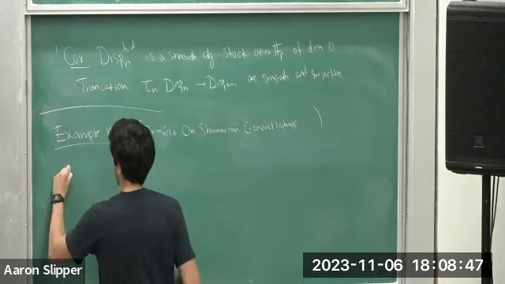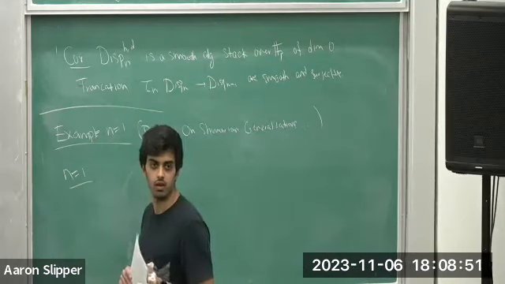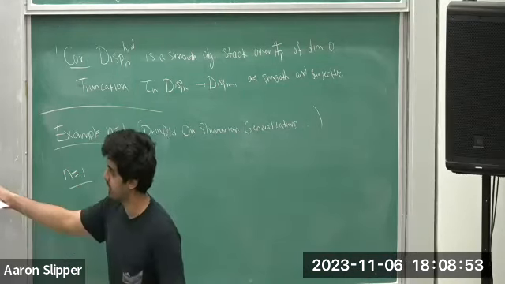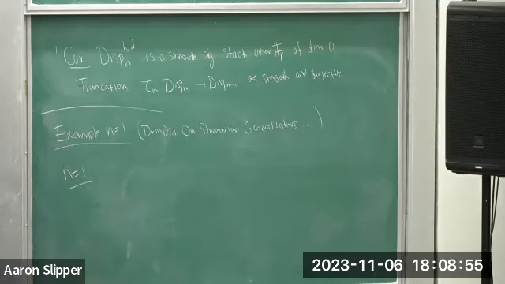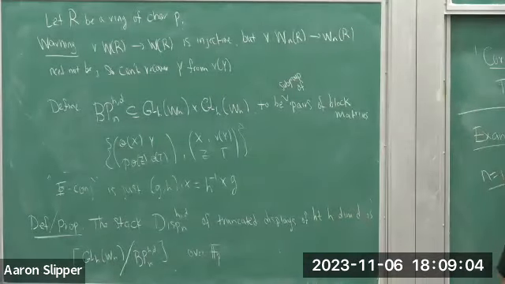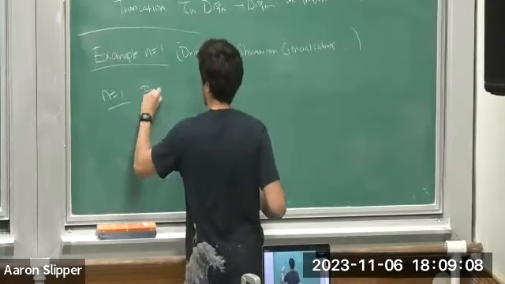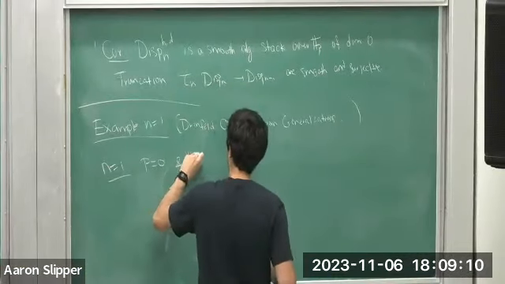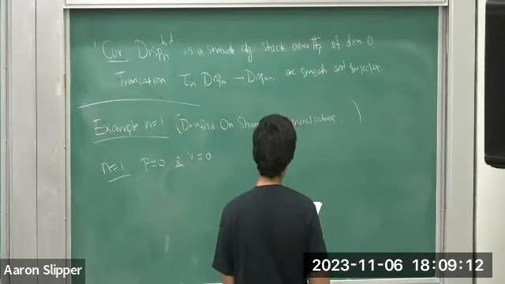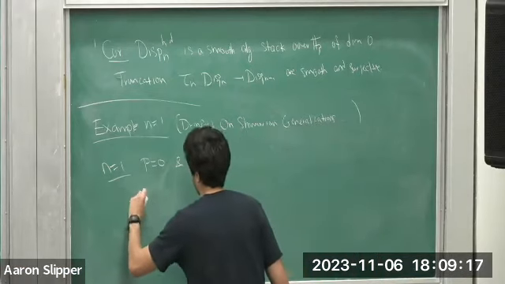So when n equals 1 in this definition, we're working with no Witt vectors. So P is 0 and B is 0. So this simplifies considerably. And we'll consider the following block clusters.